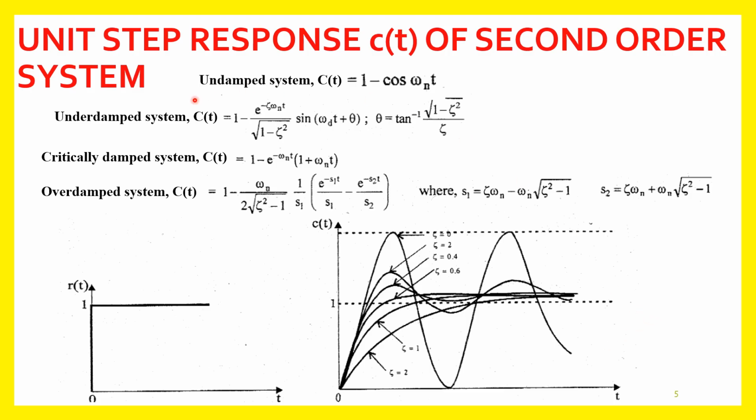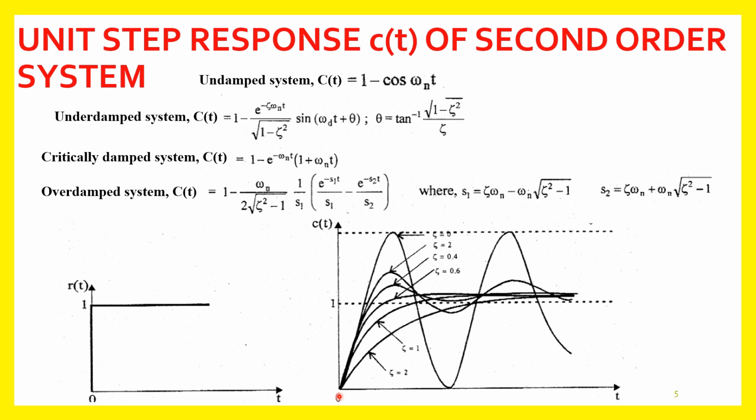And for the underdamped system, this is my equation. In this equation, let us substitute t as infinity. It is an exponential multiplied by a sine term. When t is infinity, the e power minus infinity term is 0, so c(t) is equal to 1.